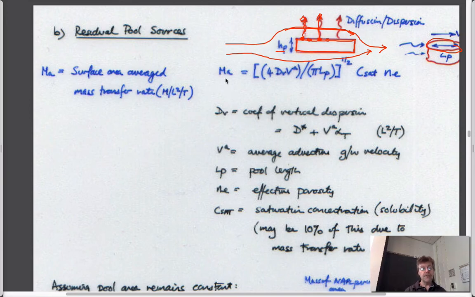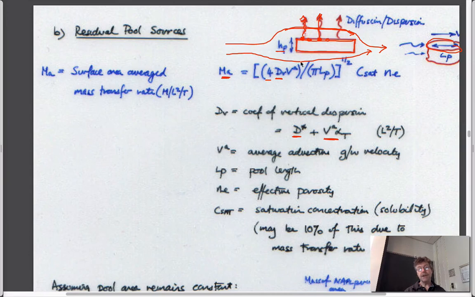And we don't need to derive it, but the mass rate of removal in this particular case is equal to 4 times the coefficient of vertical dispersion. Vertical dispersion is a function of two things, as we know: diffusion by random walk, molecular diffusion, and also dispersion, mechanical mixing.